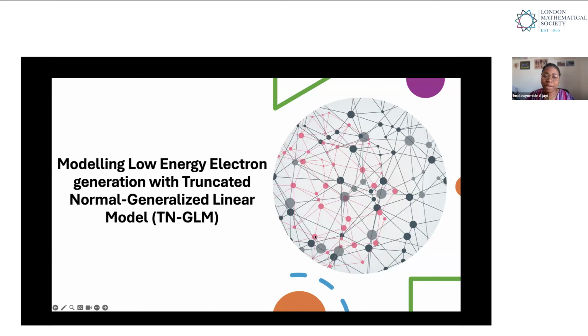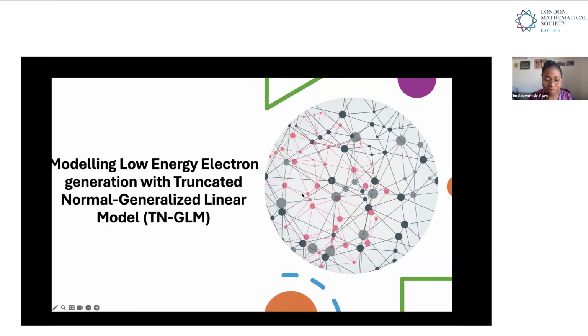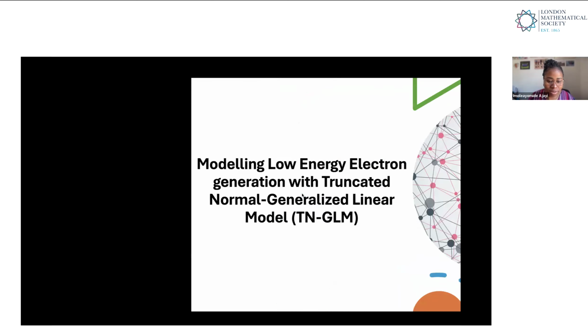So my topic is modeling low energy electron generation with truncated normal generalized linear model. I call it TN-GLM. You're going to be hearing that a lot. Don't worry about the mathematical terms, I'm going to make it very simple for us to understand.